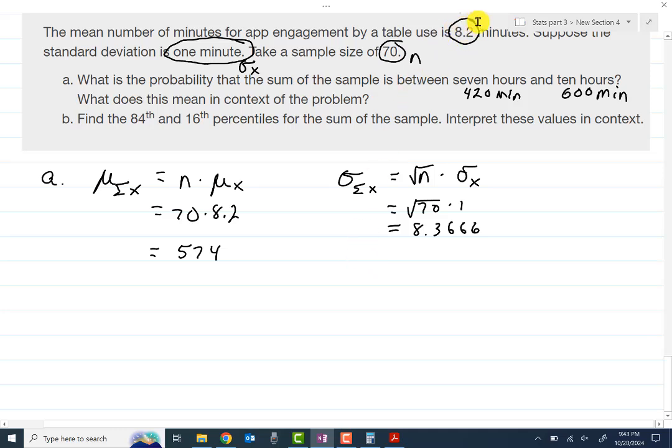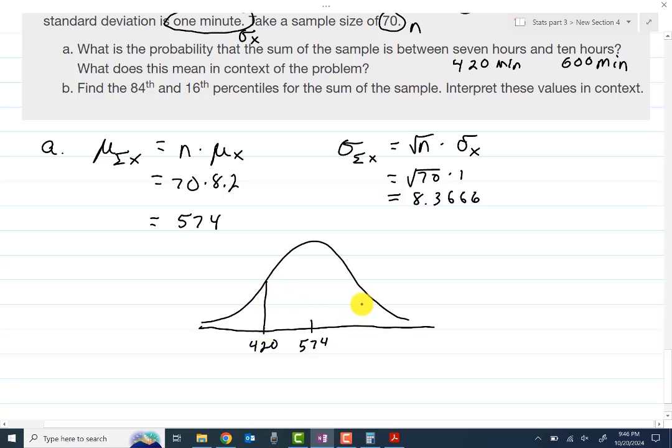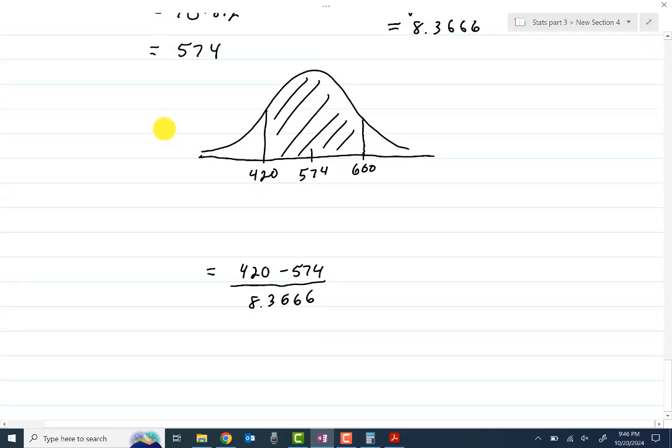Now ours, to get our, well, this is where they're going to be the middle of my... So let's get these z-scores.